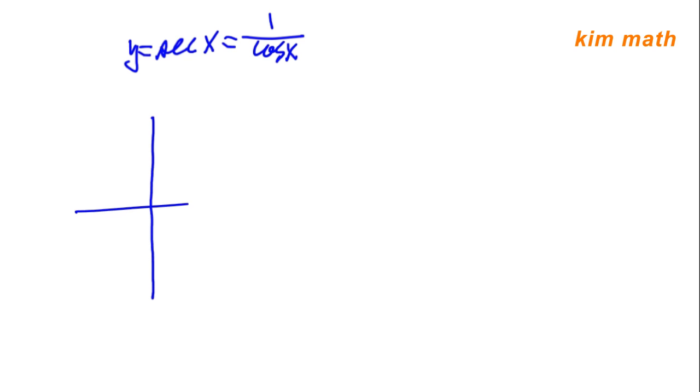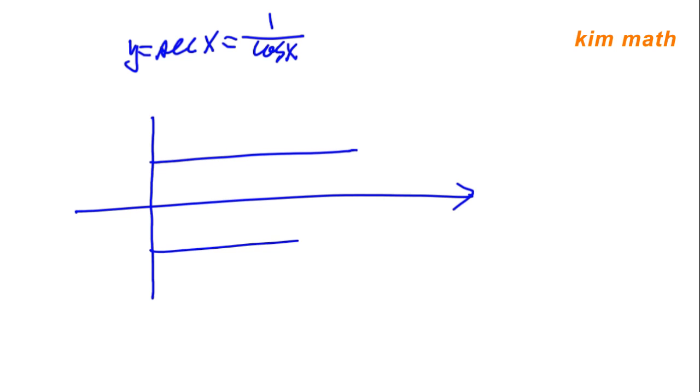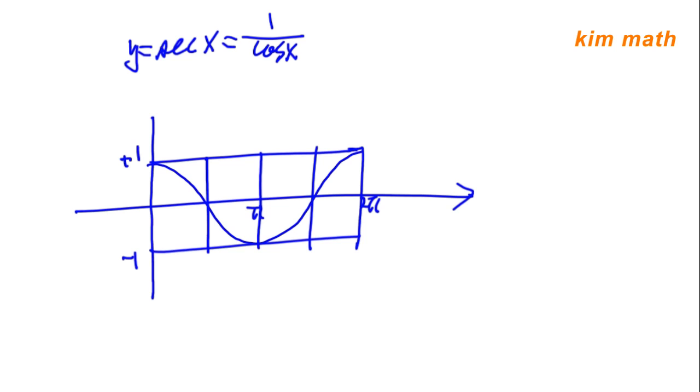If I sketch the secant x one more time, y equals secant x, which is 1 over cosine of x. If you want to sketch secant x, it is a good idea to start with cosine. Cosine x will be here, right?